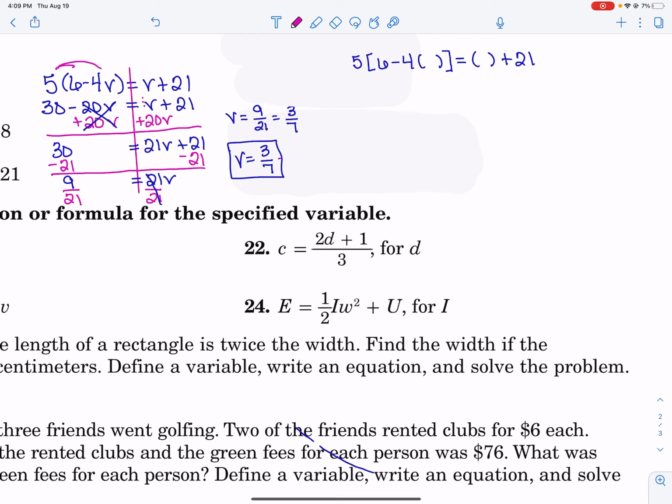And everywhere there's a V, I'm going to substitute in 3/7. Now this is one where I'd love you to pause this right here. See if you can simplify inside that grouping or try to simplify those fractions and then come back and watch the rest of this.